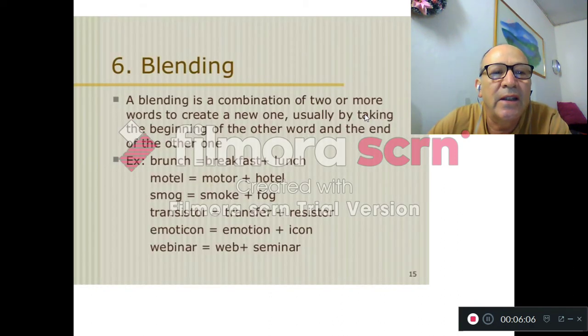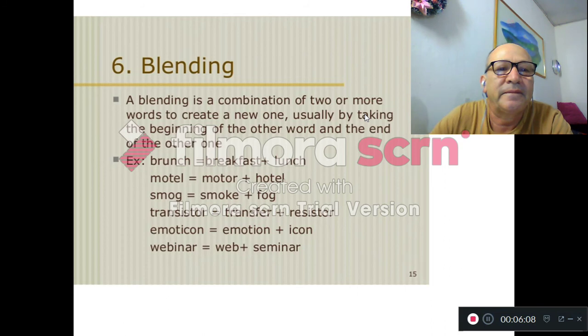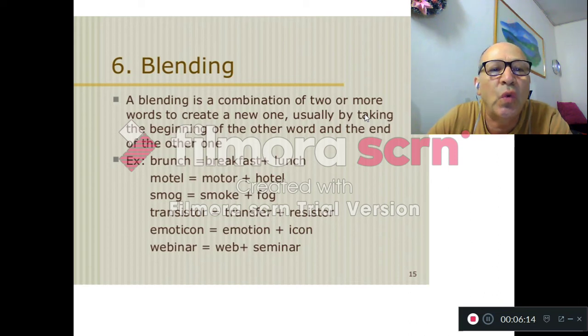Let's go to see the other slide. Blending. What does blending mean? It's a combination of two or more words to create a new one, usually by taking the beginning of one word and the end of the other one.